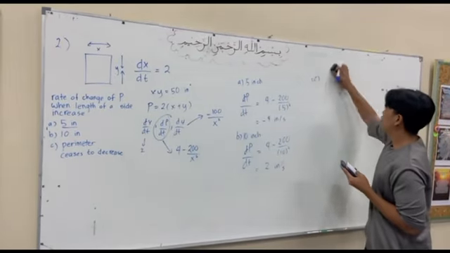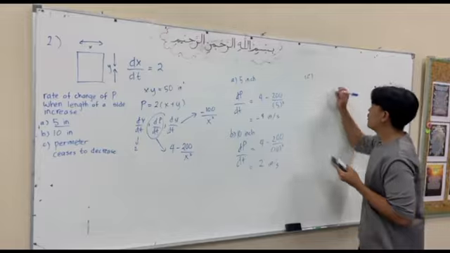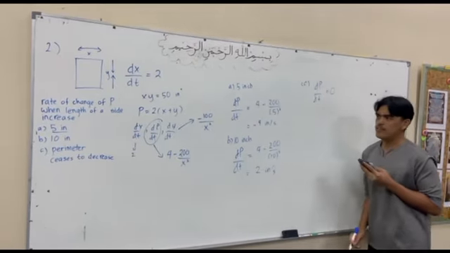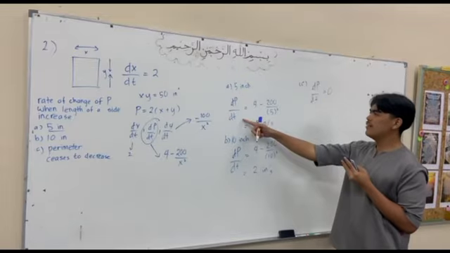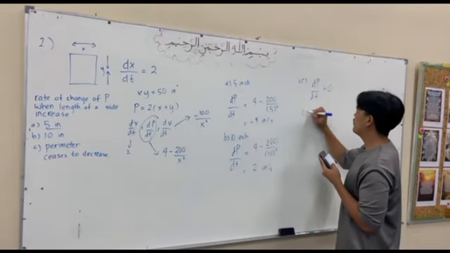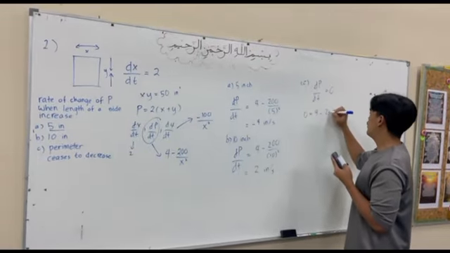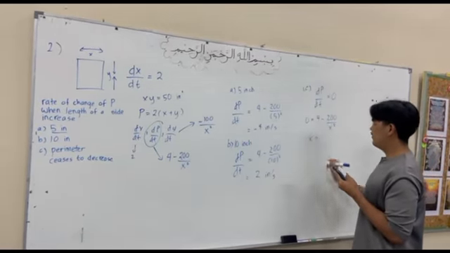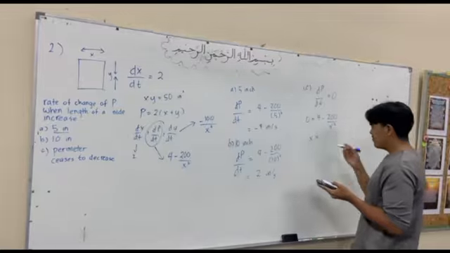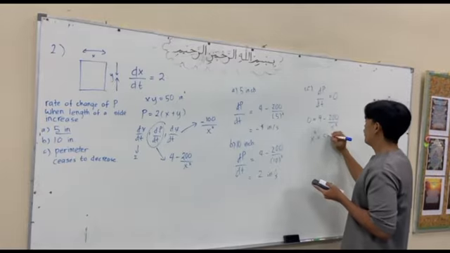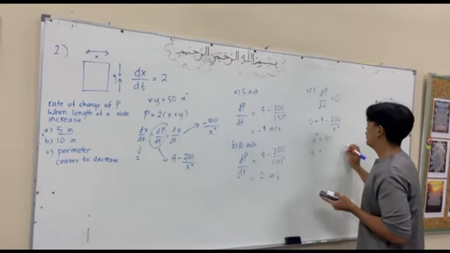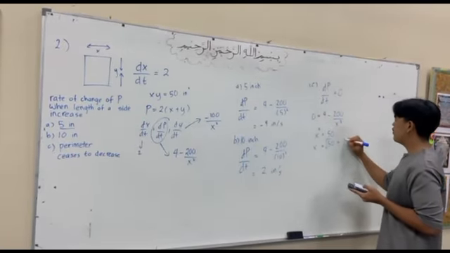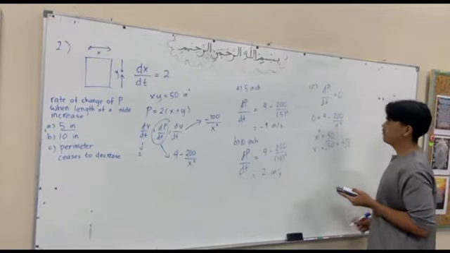So you know infinity equal to 0. So just put it in here. Infinity equal to 0. 4 minus 200 x squared. X equal to 50, and then x is 50, and we got 5√2.